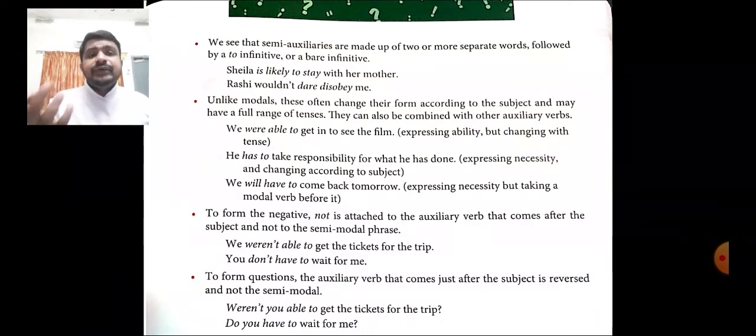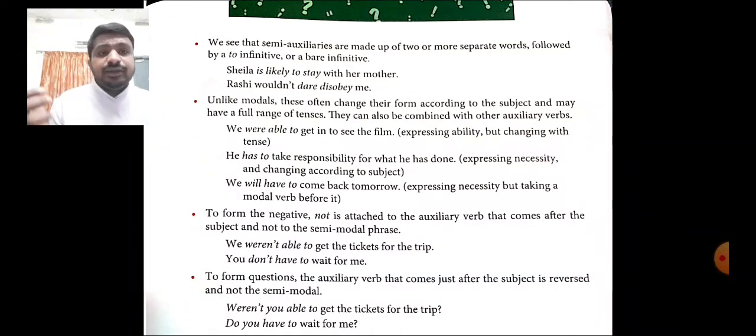For example, we were able to get in to see the film, expressing ability but changing with the tense. He has to take responsibility for what he has done. They are expressing necessity and changing according to the subject.